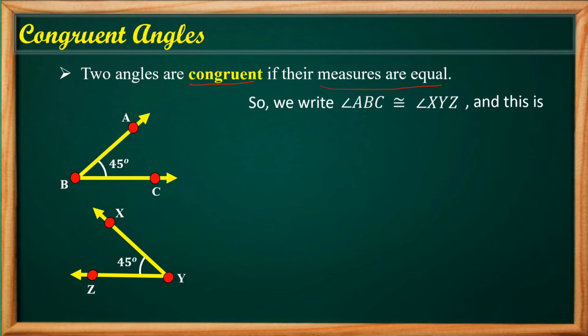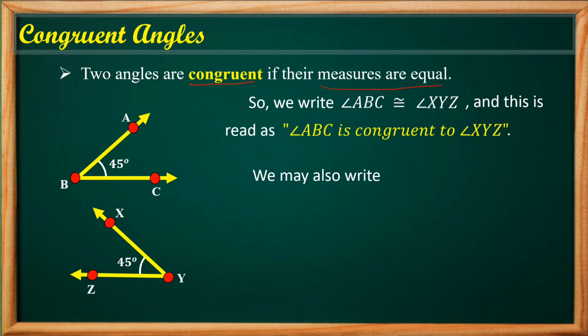And this is read as angle ABC is congruent to angle XYZ. Kasi pareho silang 45.